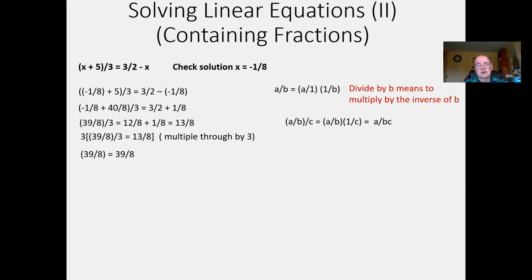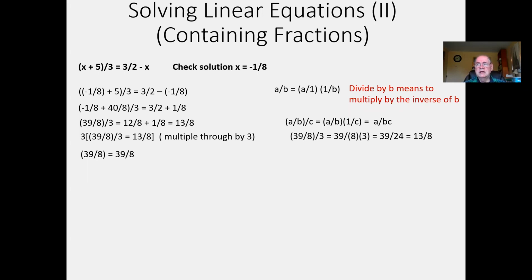But certainly, we want to be able to use our algorithms intelligently, and there's something that we'll be doing all the time, as it turns out, simplifying these double-decker fractions like this by combining in the proper denominator. An example from the left-hand side, that 39 over 8 over 3, I got rid of it by multiplying the whole equation through by 3, remember?